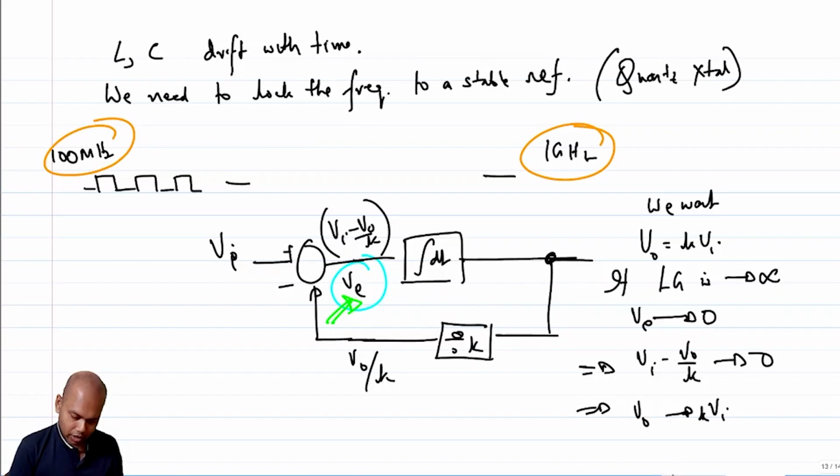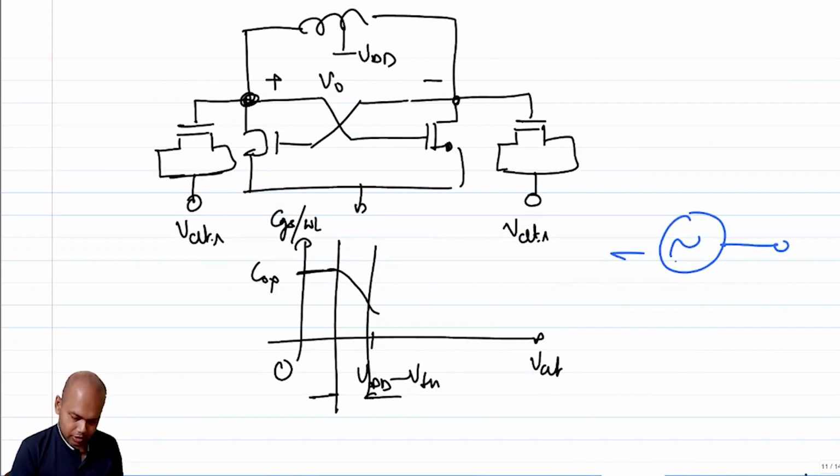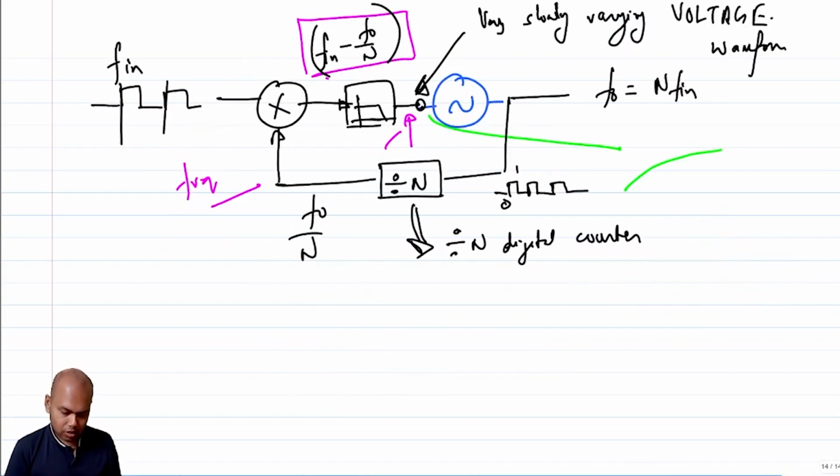VCO. By the way, I have not shown you the symbol of this VCO. The symbol of this VCO is this, where this is V control and this is V out, as in this case, I should ideally say F out. So I put a voltage control oscillator, and if this voltage goes up, this will try to push F naught to higher and higher frequency.